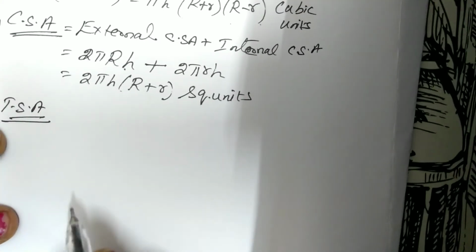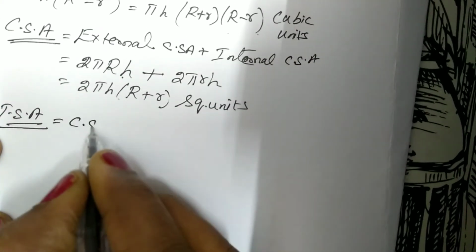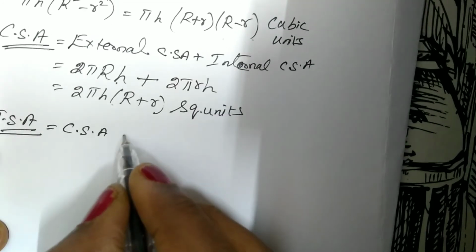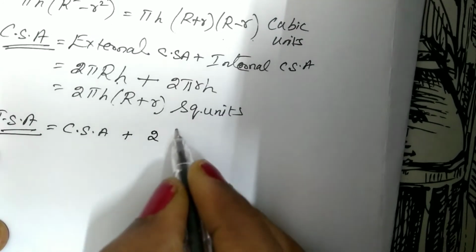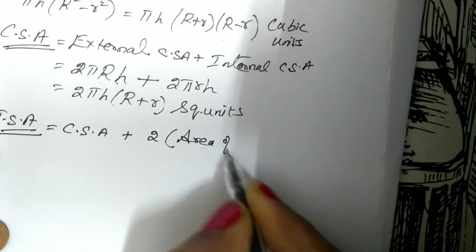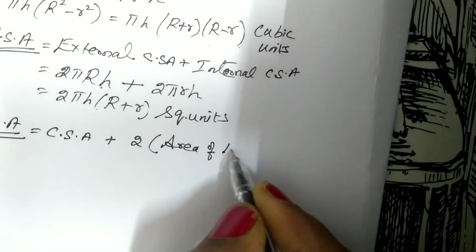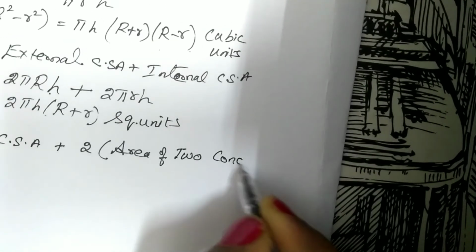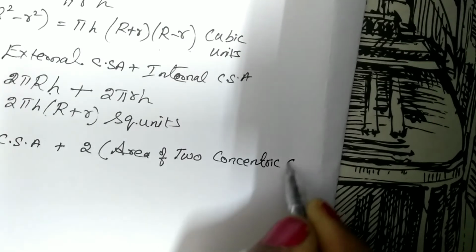So what is total surface area? Curved surface area plus 2 into the area of the two concentric circles. Because what are the two concentric circles?